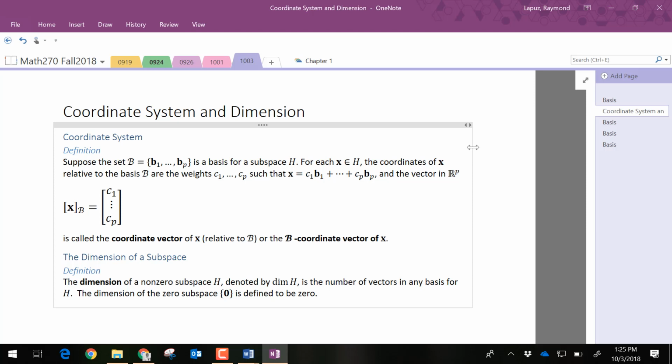And then they have these things called weights, C1 through CP, and we defined weights already. They're really the coefficients, the scalar multiples that we're tacking on to the vectors before we add them up. And then we can make a vector out of that, C1 through CP, and that's called a coordinate vector of x relative to your basis.